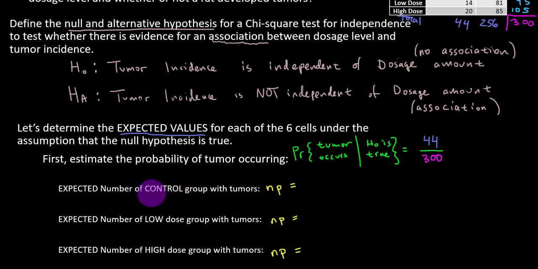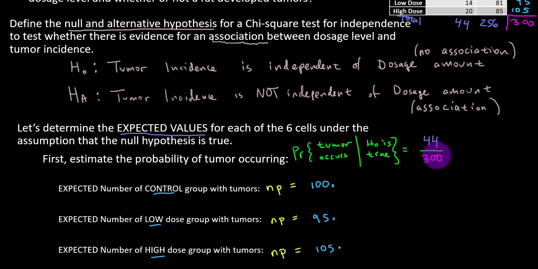So we have the number of rats in the control group. You can rewind and see that that was 100. The number of rats in the low dose group was 95, and 105 in the high dose group. So those are the n's for each of these groups.